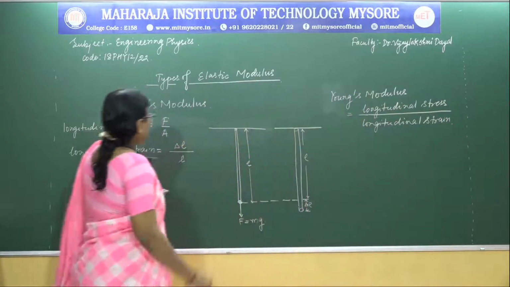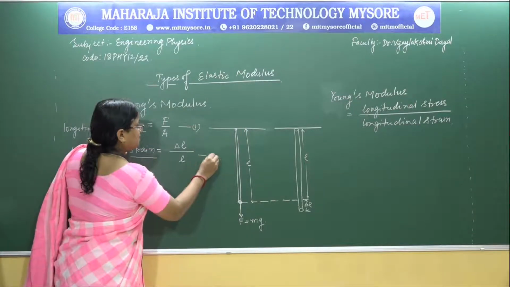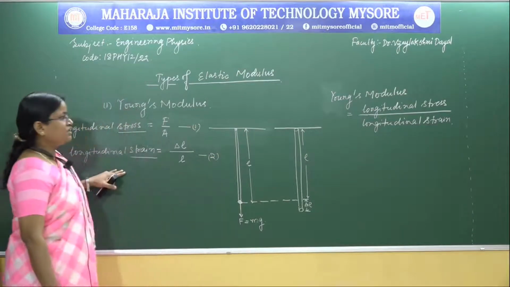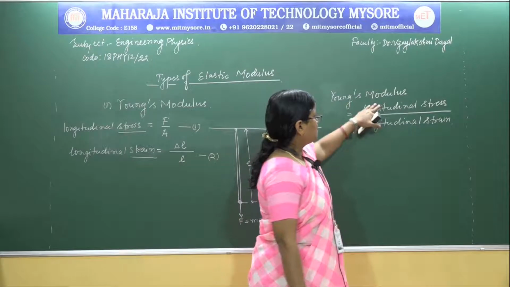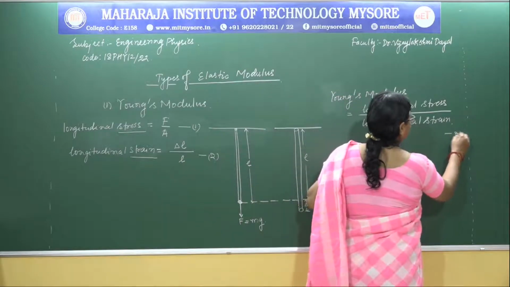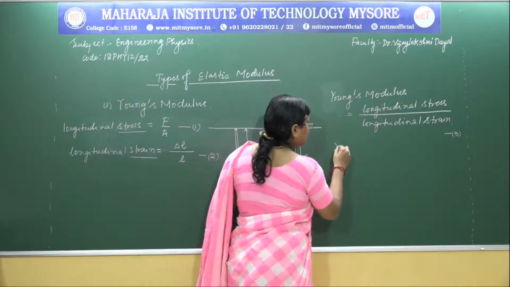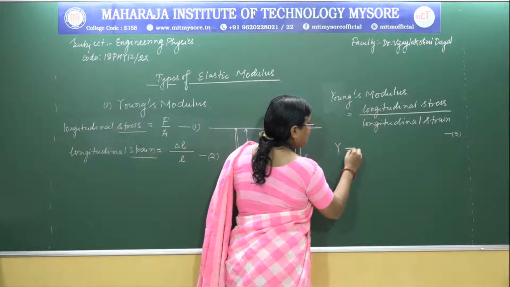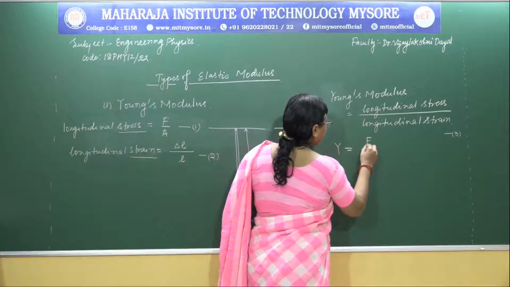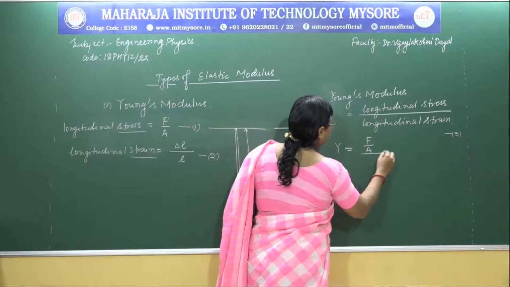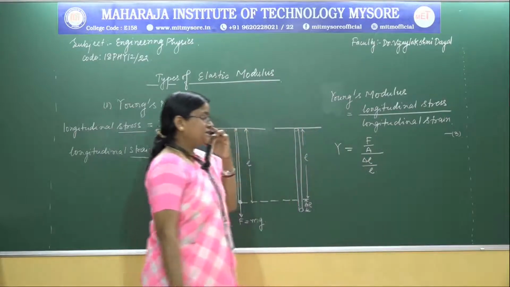Now if we assume that equation 1 defines the longitudinal stress and equation 2 defines the longitudinal strain, and we substitute the values in equation 3, we get Young's modulus, denoted by capital Y, equal to force per unit area divided by change in length divided by original length.